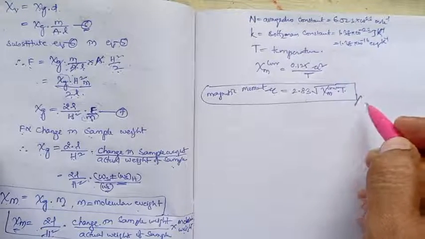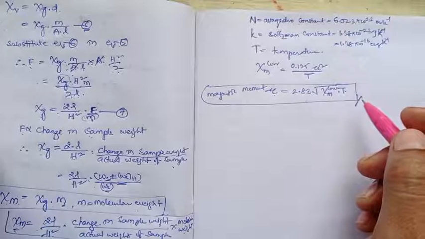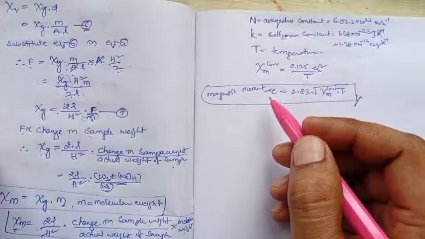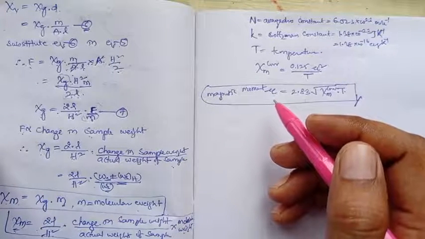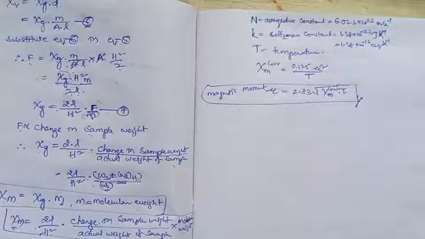With this calculation, we get the molar susceptibility of the sample and also the magnetic moment of the substance experimentally by the Gouy method. This is how the Gouy method is used to derive the susceptibility and magnetic moment of the sample.